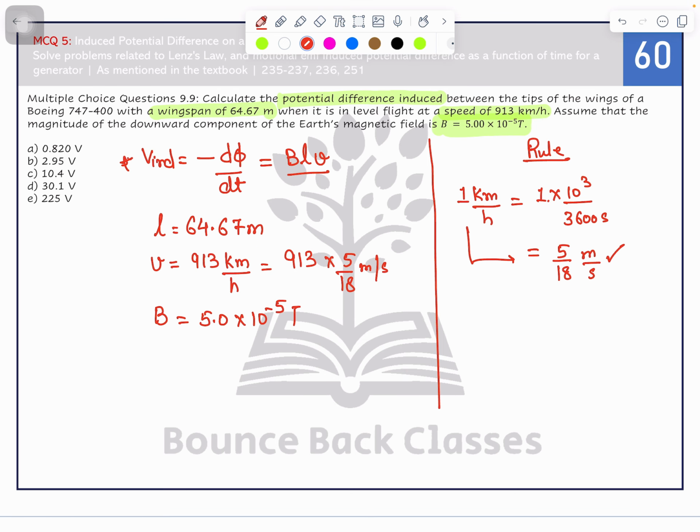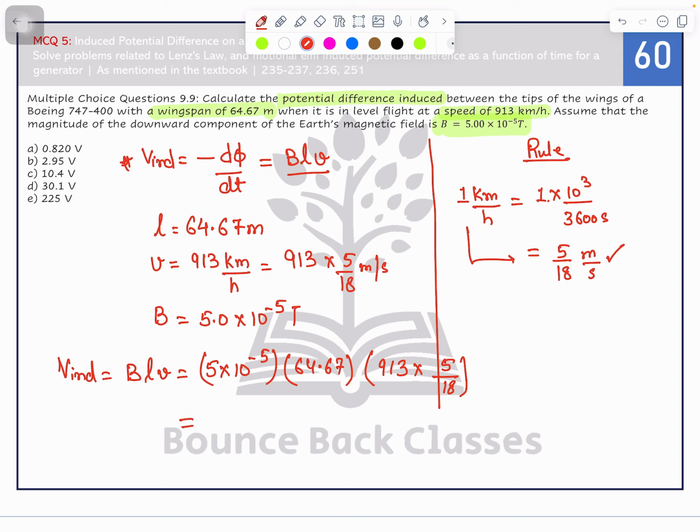V induced, we are looking for, place the values. V induced equals B times L times V. 5 multiplied by 10 raised to negative 5, the length 64.67, multiplied by 913 multiplied by 5 by 18, because it is in meter per second.